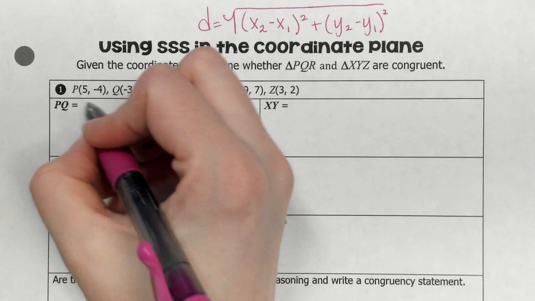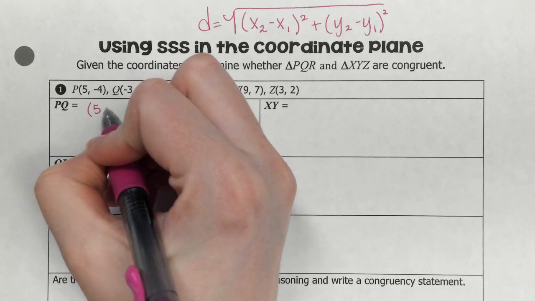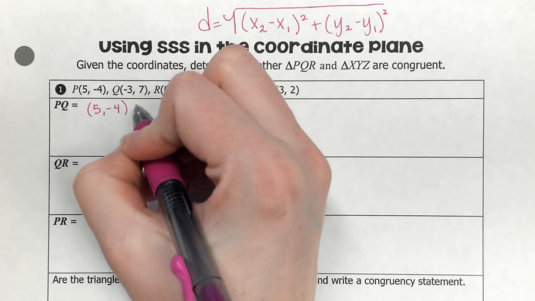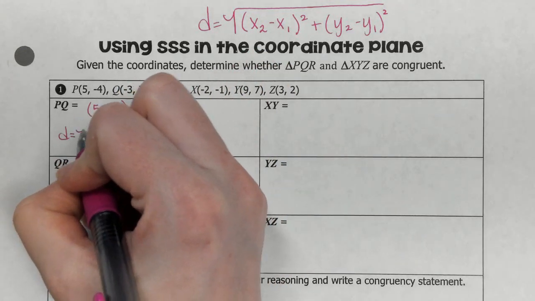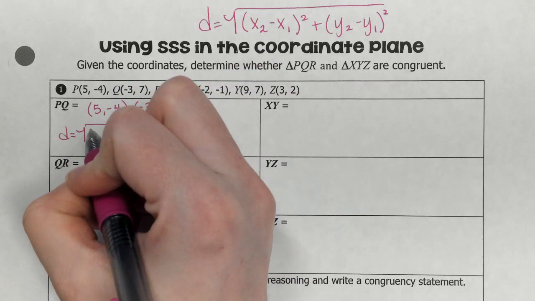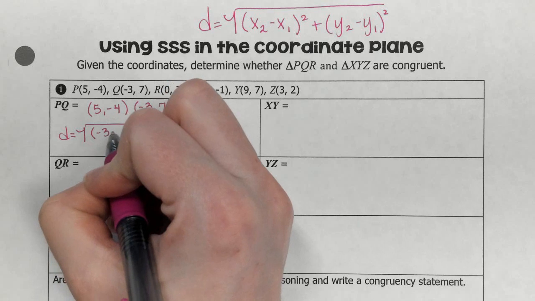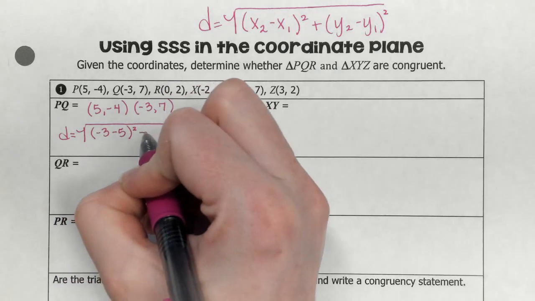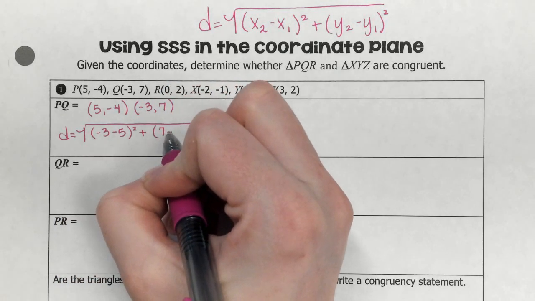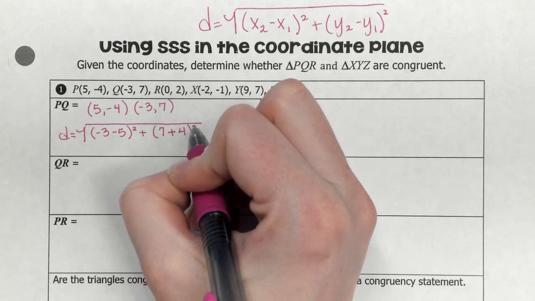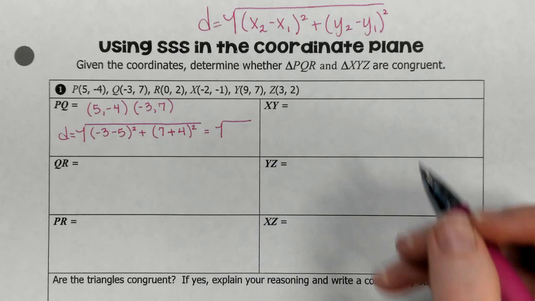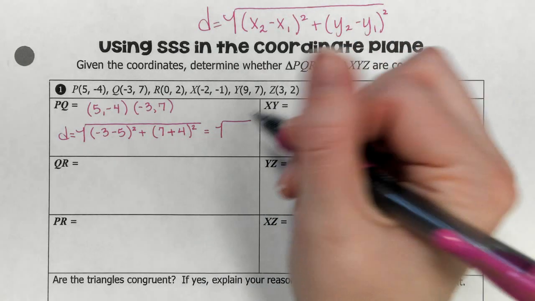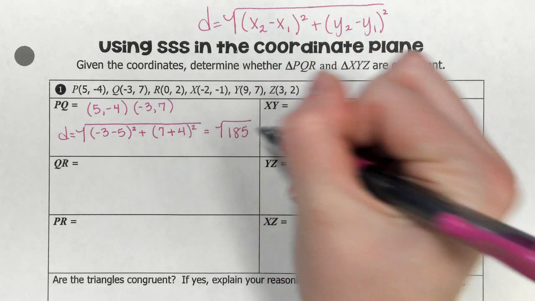So we're going to go ahead and plug in PQ, 5, negative 4, and negative 3, 7 into our distance formula. So if I plug that in, I'm going to take negative 3 minus 5 squared plus 7 minus a negative 4, which will turn into a positive, squared. And if I plug that in, I get a total of 185 under my square root.